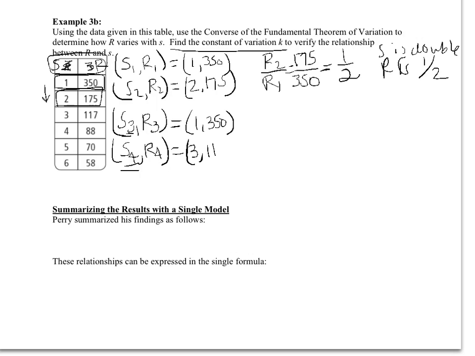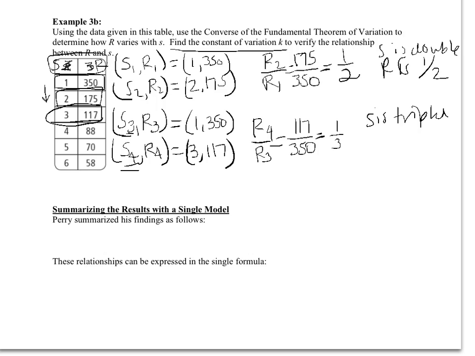We want 3 and 117. Now let's compare r4 and r3. 117 over 350 is about 1/3. So as s is tripled, r is divided by 3, or 1/3.